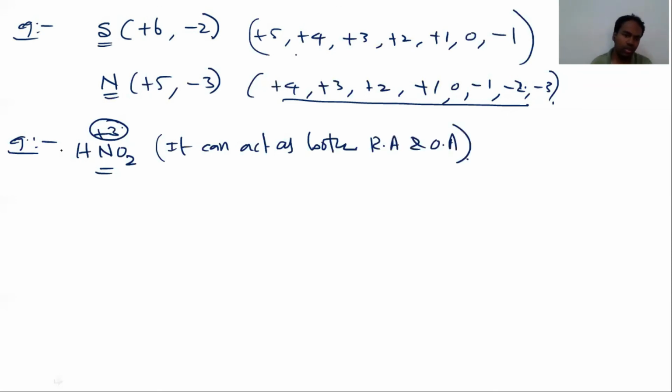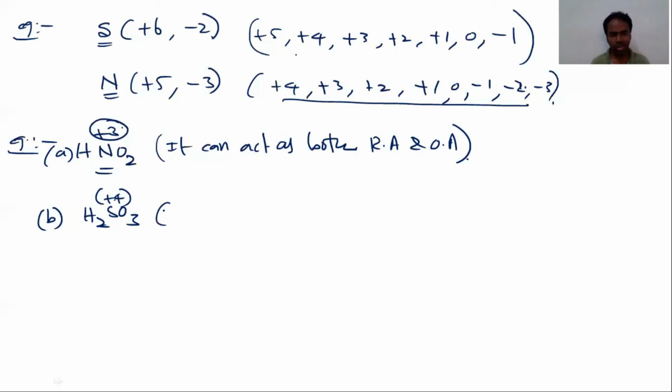In the same way, one more compound here, H2SO3. What is the sulfur oxidation state here? The sulfur oxidation state is +4. Here -6 and +2, so +4. So +4 for sulfur is an intermediate oxidation state.